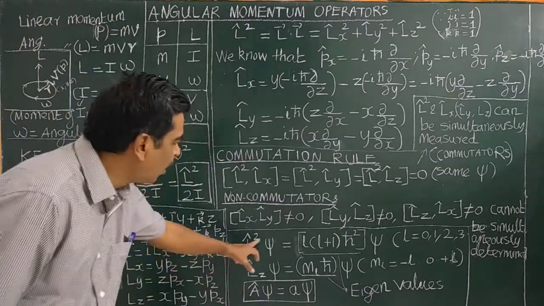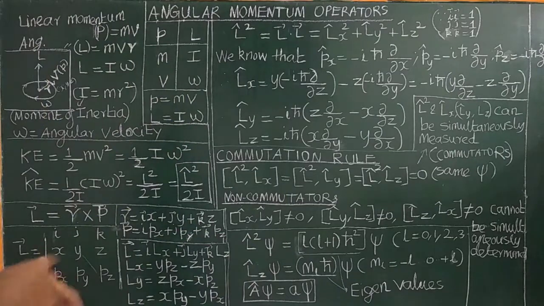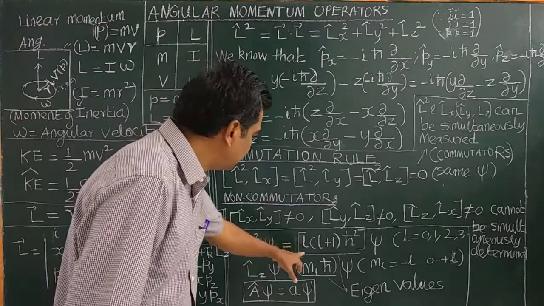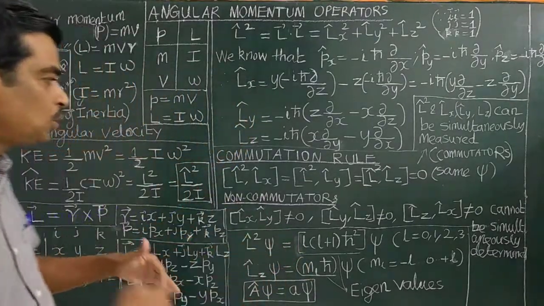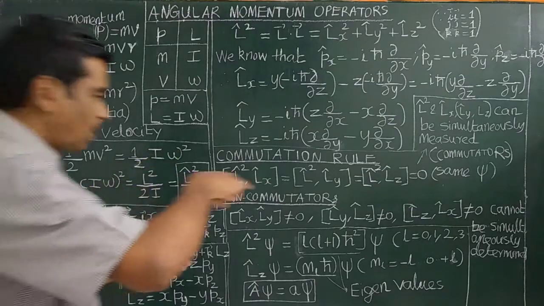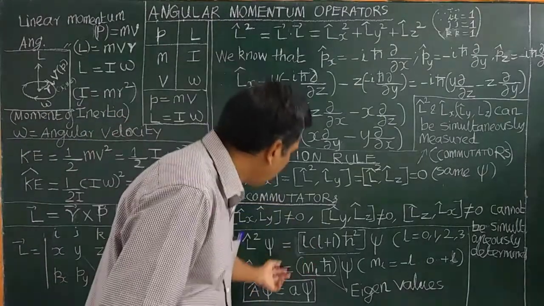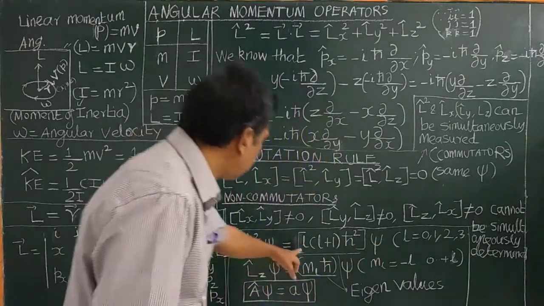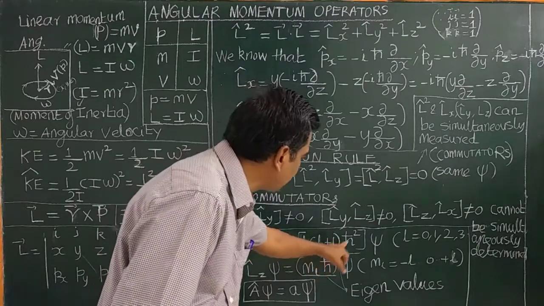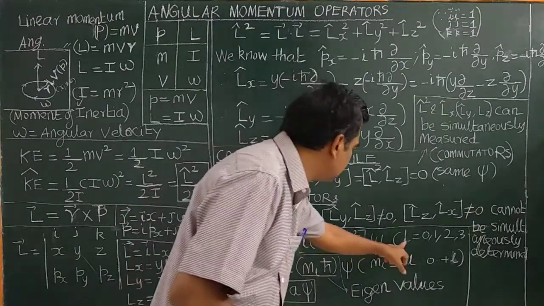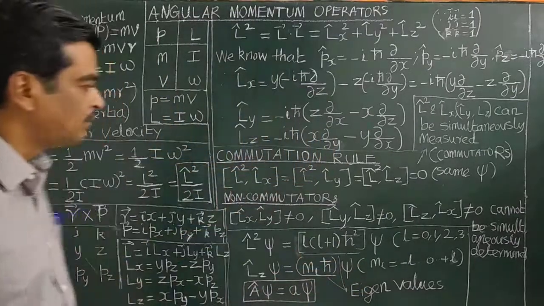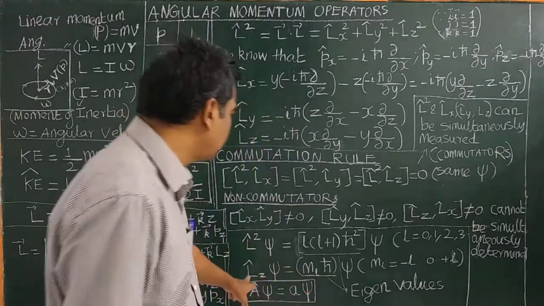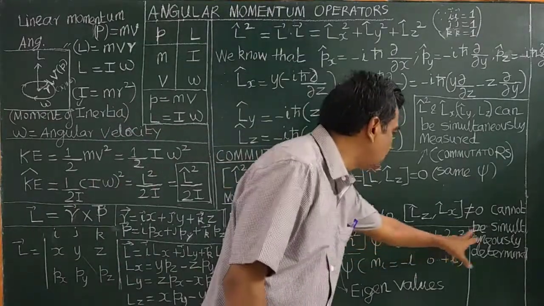Similarly, L squared operates on a wave function psi, which describes the orbital motion of the electron, and gives the eigenvalue times psi. Therefore, l(l+1) h bar squared is the eigenvalue obtained by solving this eigenvalue equation. Okay. Therefore, l equals 0, 1, 2, 3, etc.